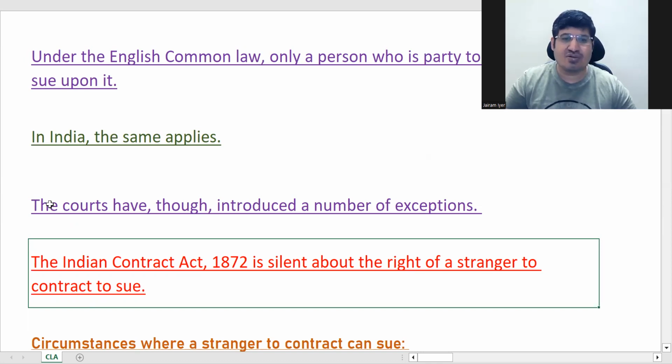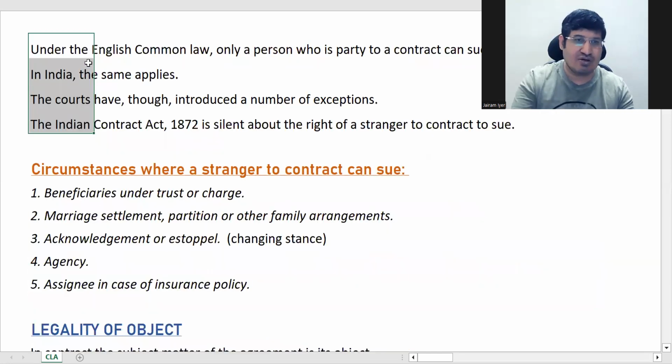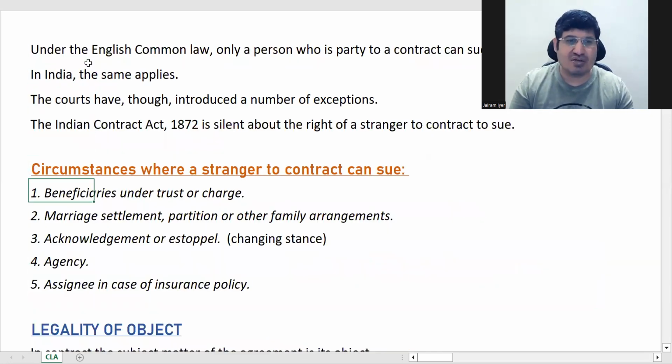As per our law, expressly nothing is written, but a stranger to a contract cannot sue. That's the position. Now we have seen that courts have introduced some exceptions. What are the exceptions of the court? That we will see.